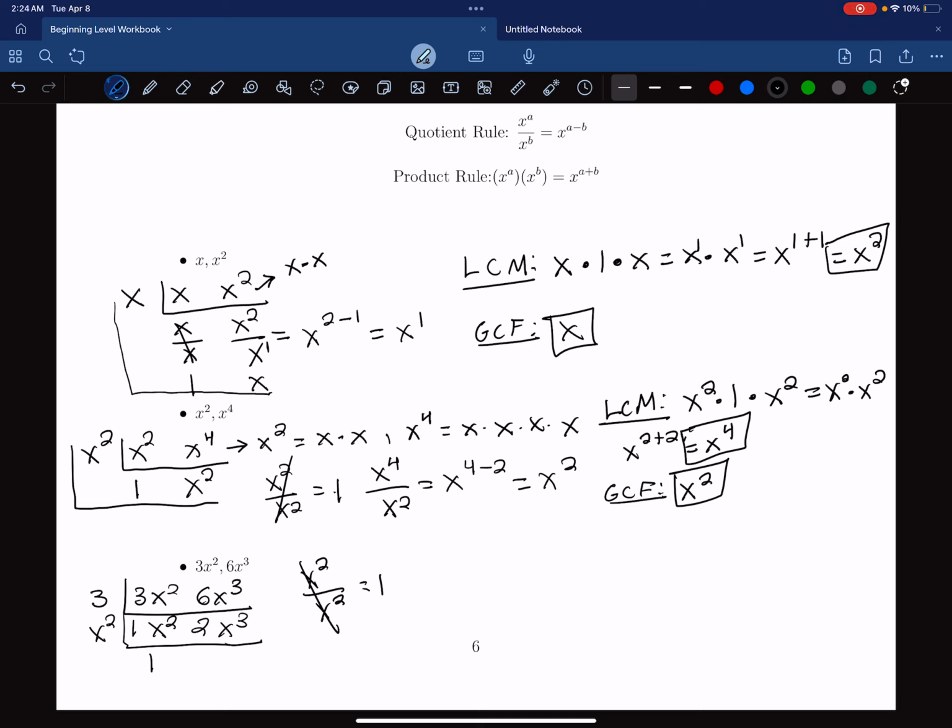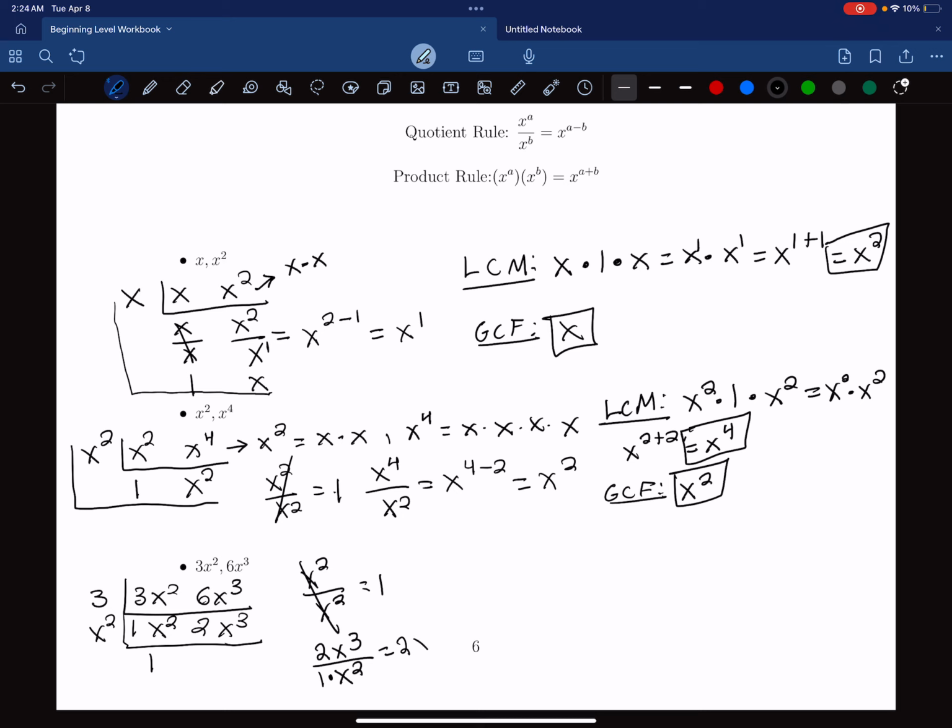And then we have this 2x cubed here. So we have to think about what is 2x cubed divided by x squared. Well, this 2 we can kind of just ignore for now because we basically have this x squared. If it helps you, you can think of it as being multiplied by 1. So 2 divided by 1 is just 2. And then we have this x cubed and x squared.